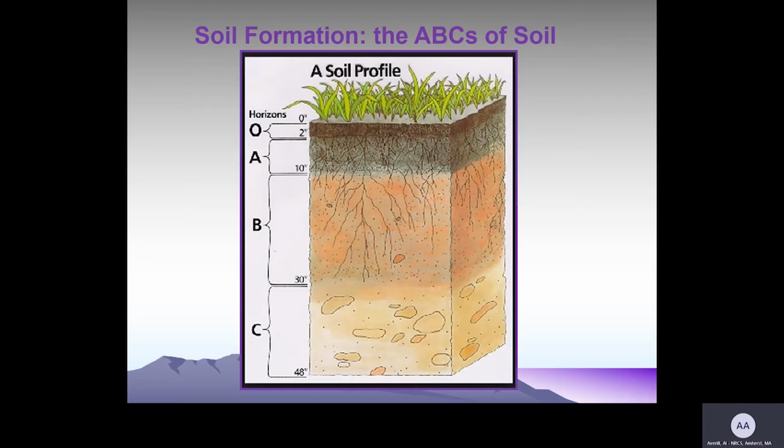There are more of them than just O, A, B, and C, and we'll cover that. But this is just a typical scenario, and you're going to see these in lots of textbooks and whatnot. Please bear in mind that not all soils have all of these horizons, and they may not necessarily be in this order. There are exceptions to the typical scenarios.